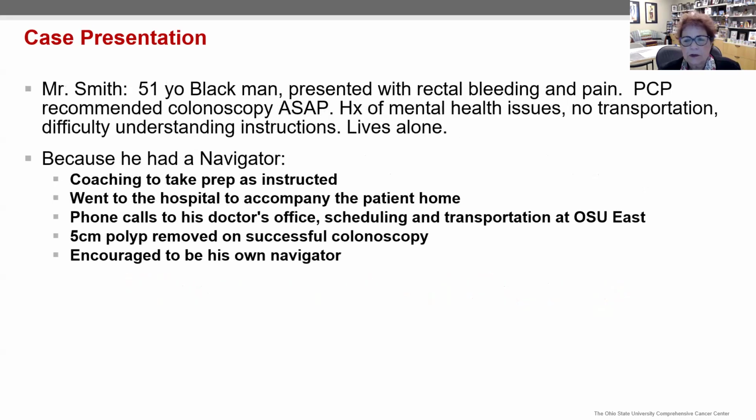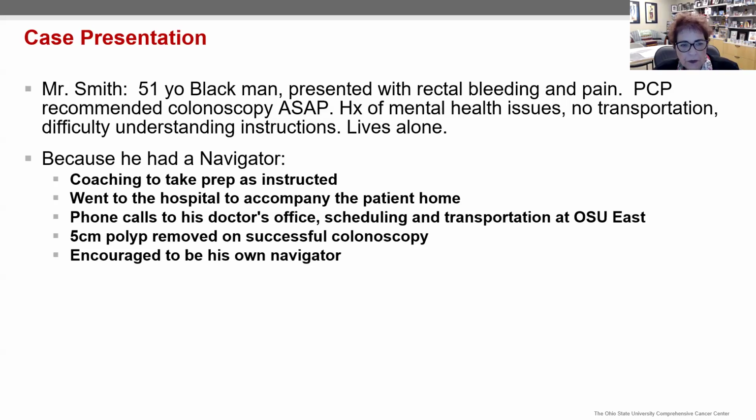And the answer is Mr. Smith. Mr. Smith, that wasn't his name, but he is a real patient that was in the patient navigation research program here. And after 3 tries, he went in and got his colonoscopy. The navigator coached him to do the prep, that lovely prep, as instructed. She actually took him to the hospital because he had no transportation, and brought him home.